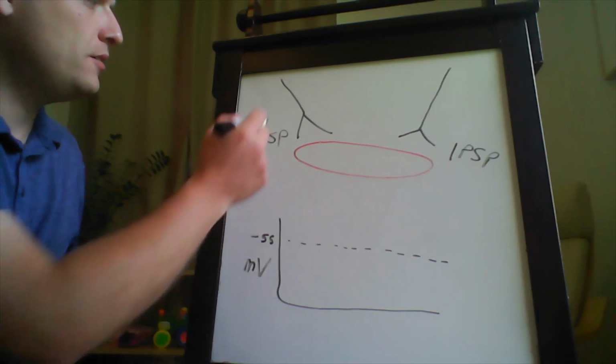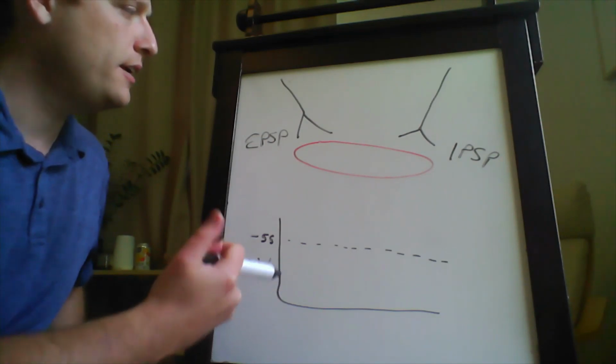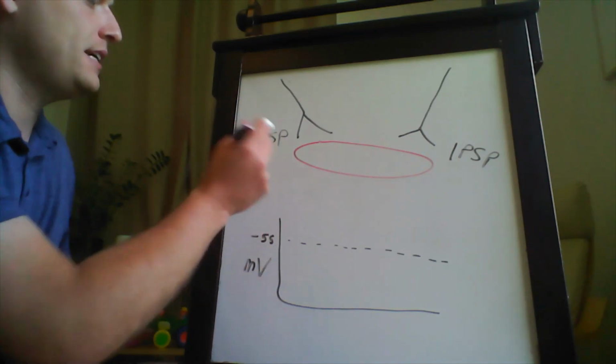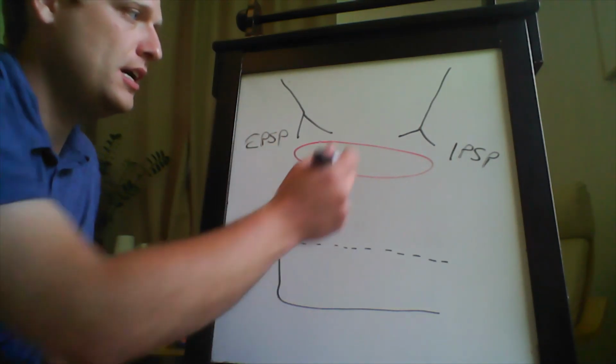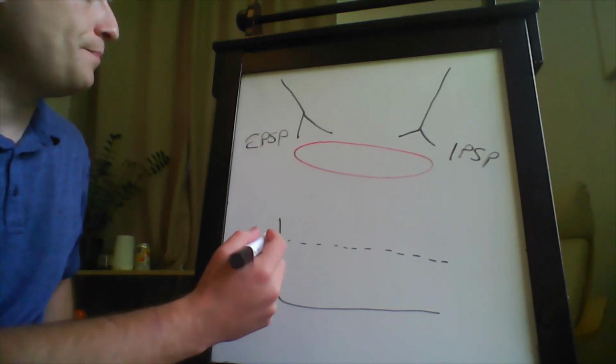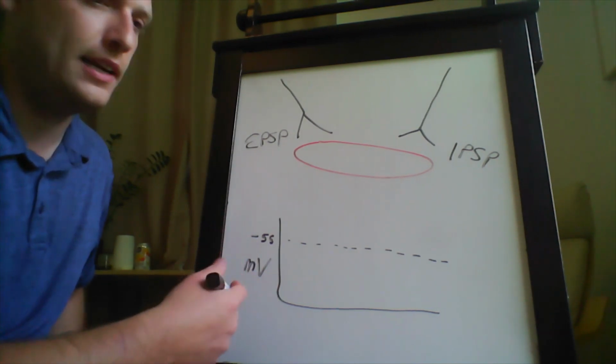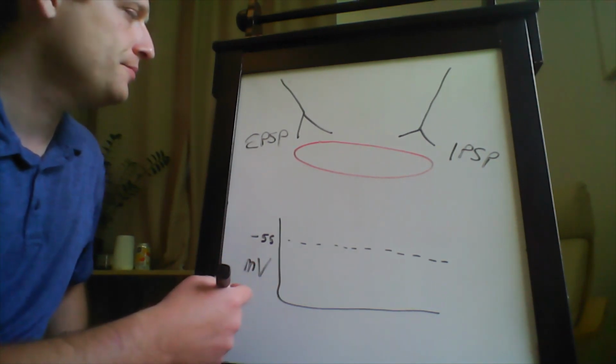I've drawn two neurons, and one of them is going to have an excitatory effect on the muscle, and the other is going to have an inhibitory effect. We'll also take a closer look at what exactly is causing that excitation or inhibition.